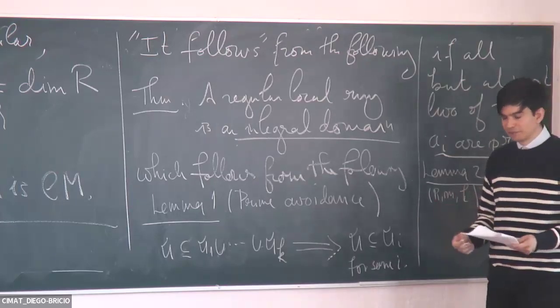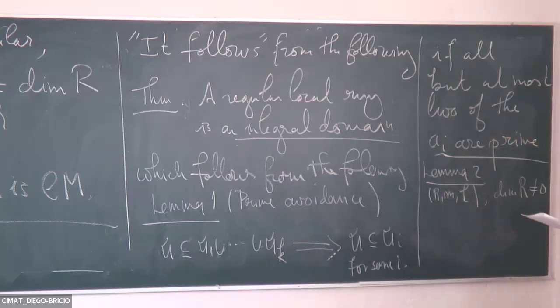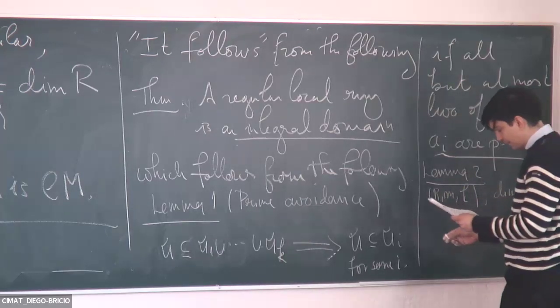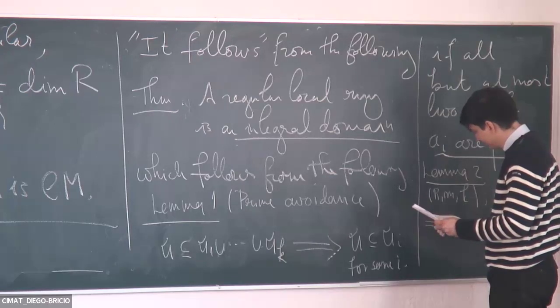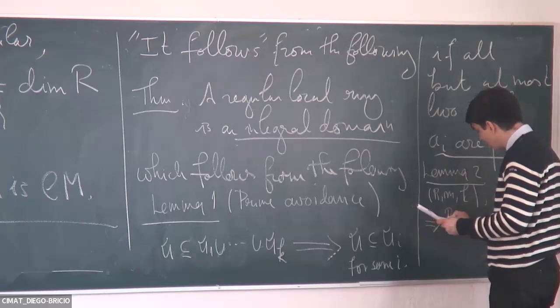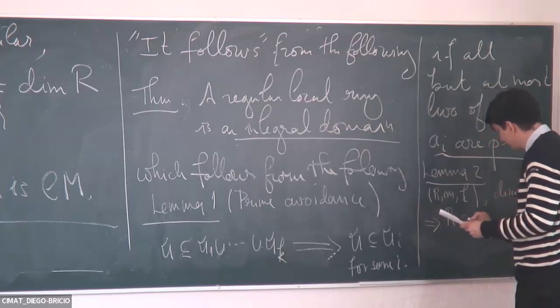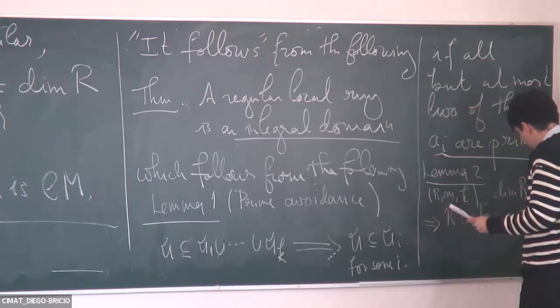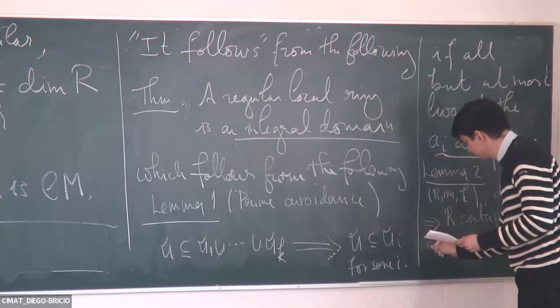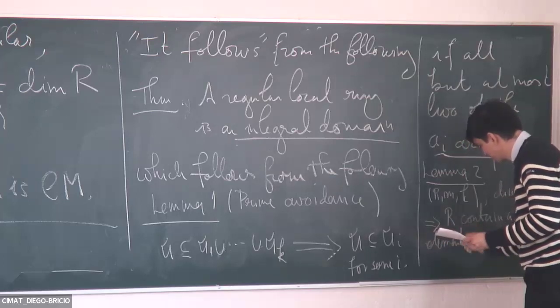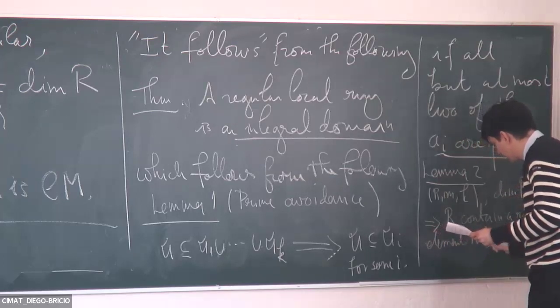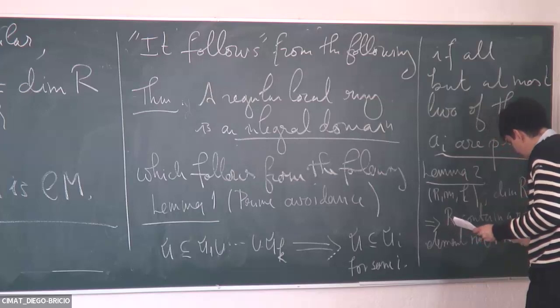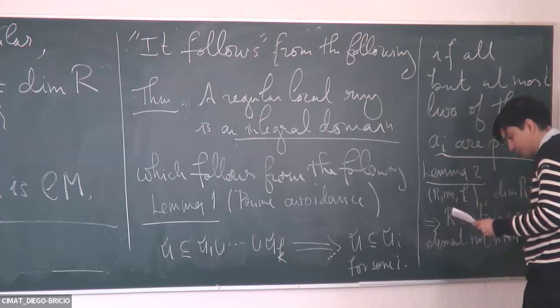So it's a positive dimensional local ring. Then R contains a regular element not in M squared.